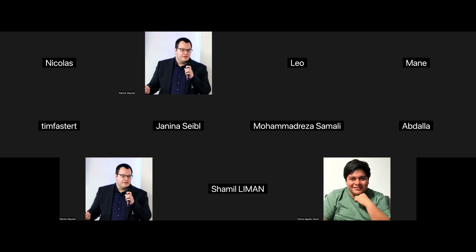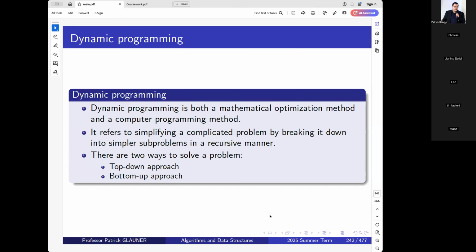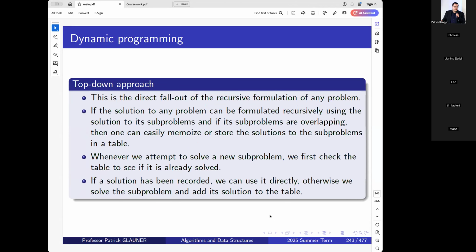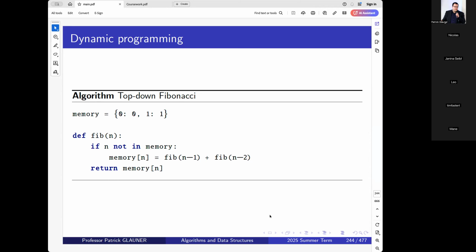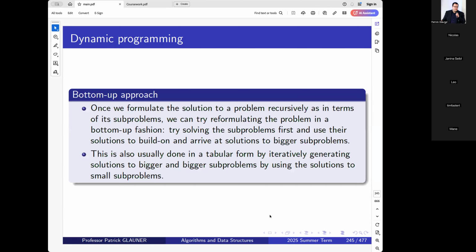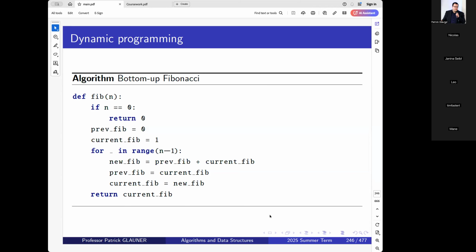And I'm just quickly going back to our slides. We said there are two dynamic programming approaches, top-down and bottom-up. Top-down, I've explained, and we've implemented it for the Fibonacci numbers, and bottom-up, I've also explained, and we've implemented it for the Fibonacci numbers as well. We've also run some tests and saw how they compare to each other.